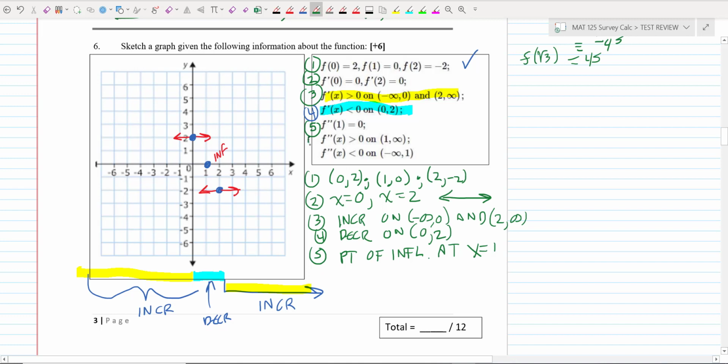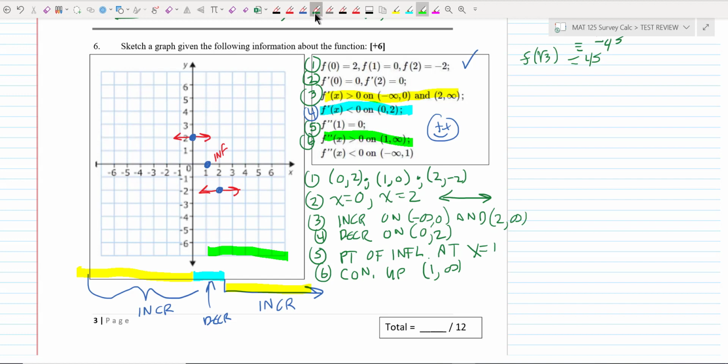Number 6, if the second derivative is positive, that means you're concave up. So that means we are concave up on the interval 1 to infinity. I'm going to say this green part right here, I'm just making notes to myself, so that's concave up.